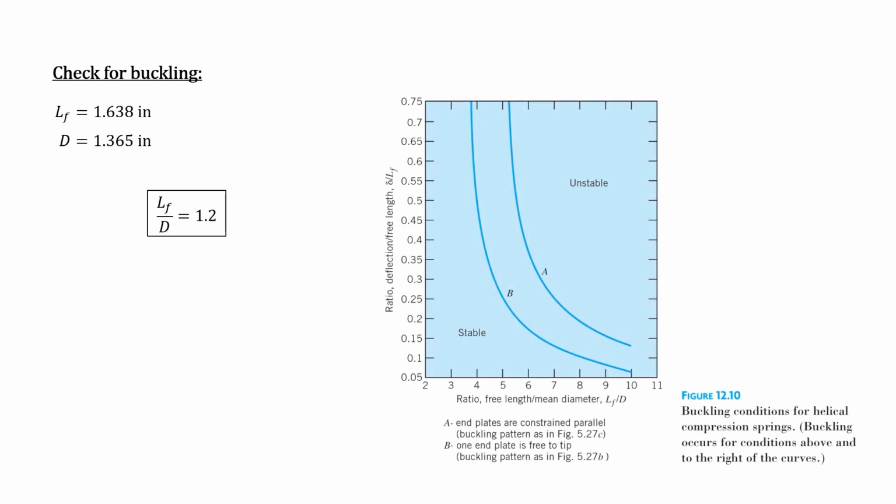And then if you check figure 12.10, just to check buckling, you can see that your ratio on the x-axis is 1.2, which is not even on this graph because it's just so stable that they don't even feel the need to show it. So since this is on the stable side, we can say that this solution is good and we don't have to worry about any buckling.